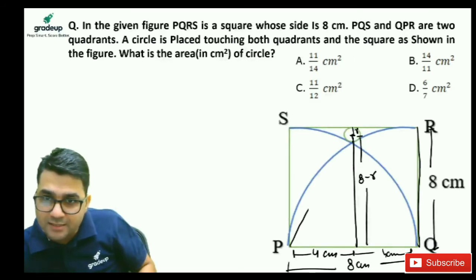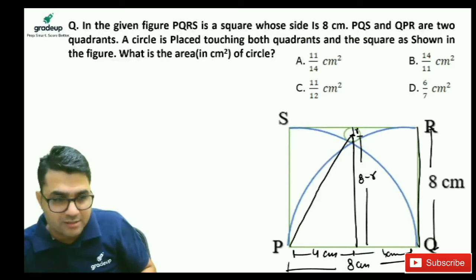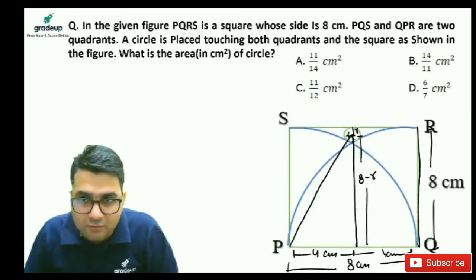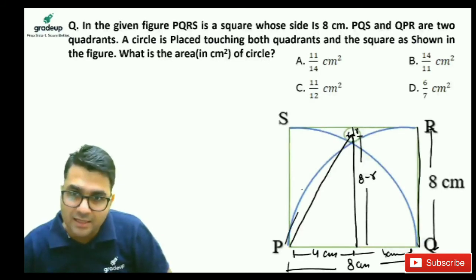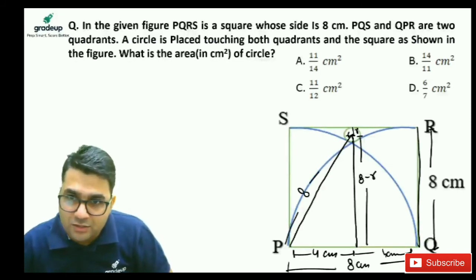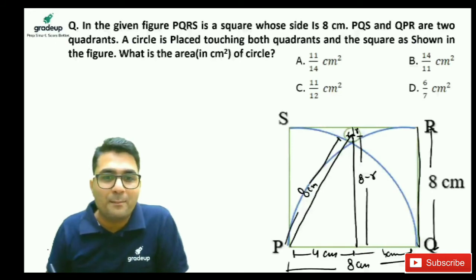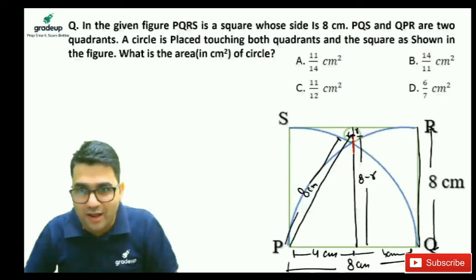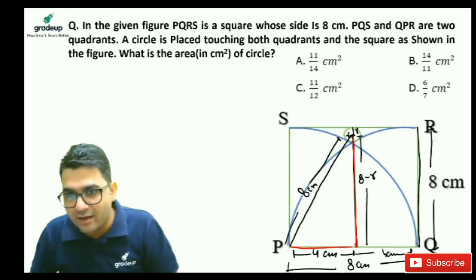Now, I am joining the vertex of the square with the center of the small circle. This is nothing but the radius of the small circle plus the radius of the square. Now, applying the Pythagoras theorem in this triangle.